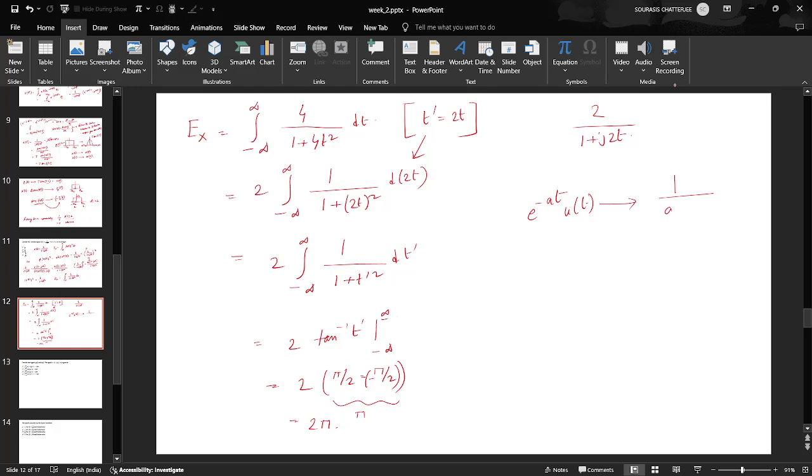It is 1 over a plus j 2 pi f. So if we have e to the power minus t u(t), we'll have 1 over 1 plus j 2 pi f.